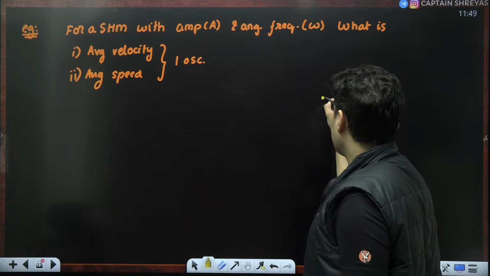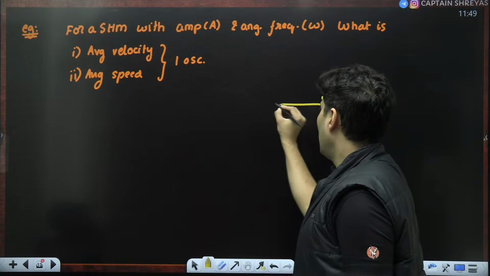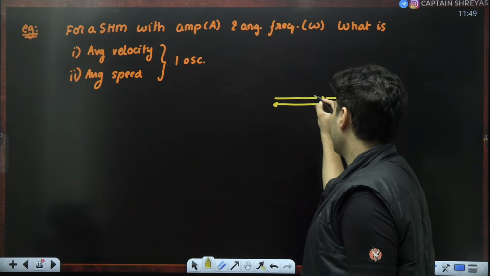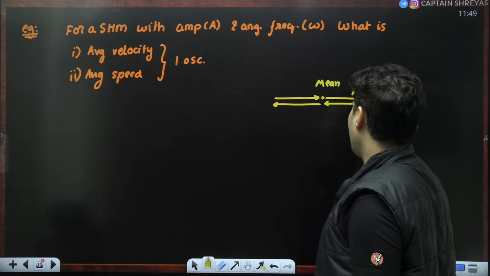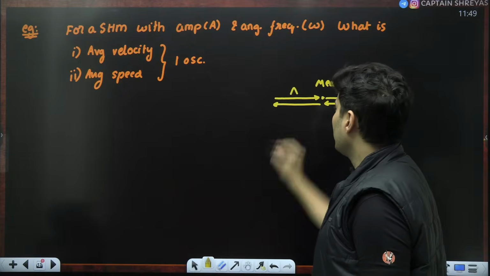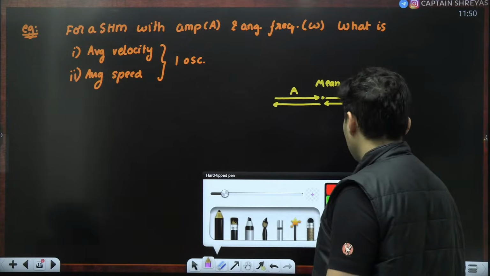In one complete oscillation, I will go towards the extreme right, I will come back over here, I'll go towards the extreme left, and I will come back over here. This was my mean position. This is amplitude. This is also amplitude. If you see, I have come back to the same position after one complete oscillation.